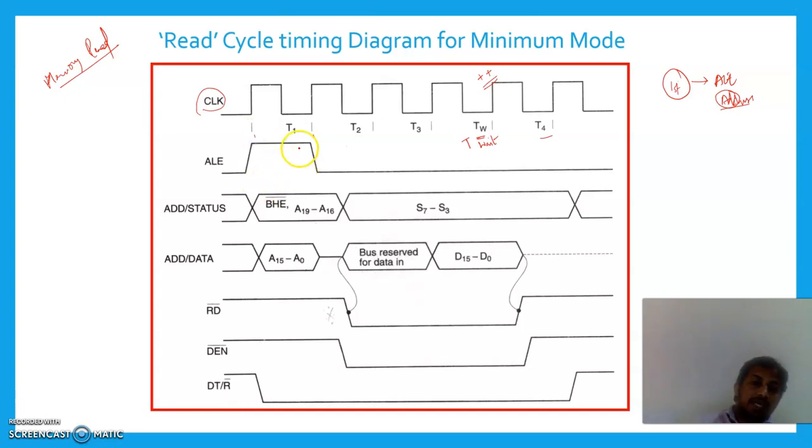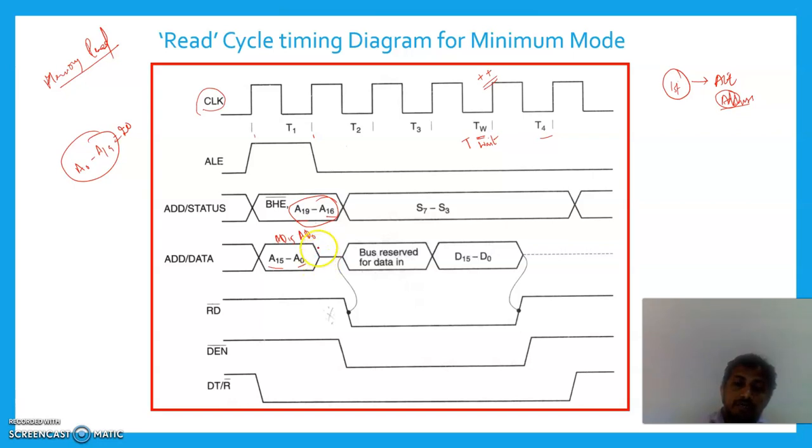During the first clock period, the address and data bus, represented as AD0 to AD15, acts as address lines A0 to A15. Then A16 to A19 are the four higher address lines. All together, A0 to A19 form the 20-bit address bus. This is the address during the first half of the first clock.